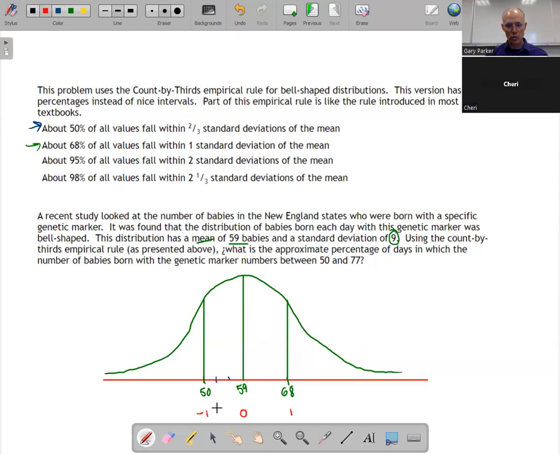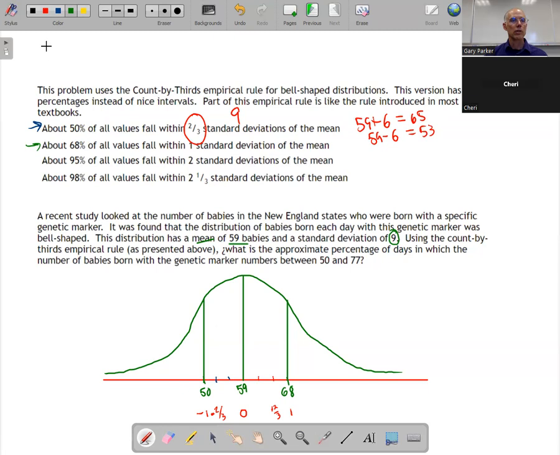So that would have a z-score of -2/3 on that side, and it's going to give me a positive 2/3 over here. Okay, so 2/3 of a standard deviation is 9. 2/3 of 9 is 6. So that would be 59 plus 6 on one side, which is 65. And then 59 minus 6 on the other side. So that's going to be 53.